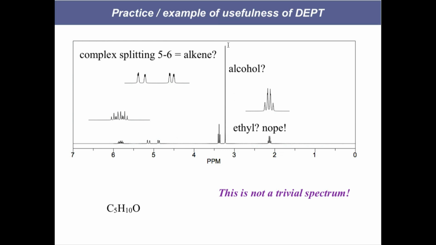We absolutely did not have an alcohol in our structure. We've got complex splitting from 5 to 6. We do have an alkene, but we've also got other things going on near 6 that looks even more complicated.